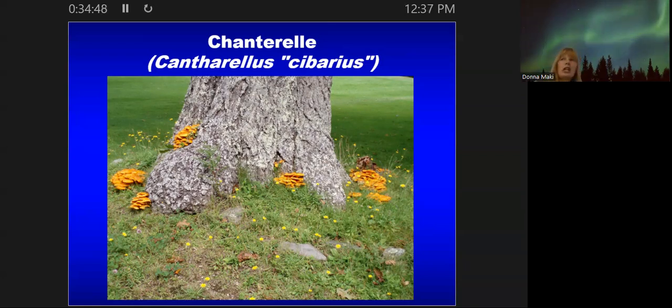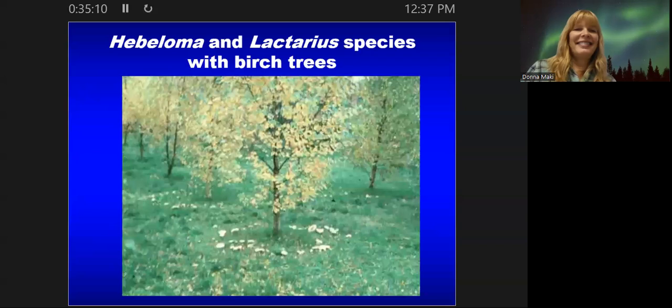Chanterelle, anyone eaten chanterelle? Do you like it? Yeah, I found some. I know some people don't like the texture of mushrooms, but you can always blend it up and put it into soup or something like that if you don't like chewing on it.